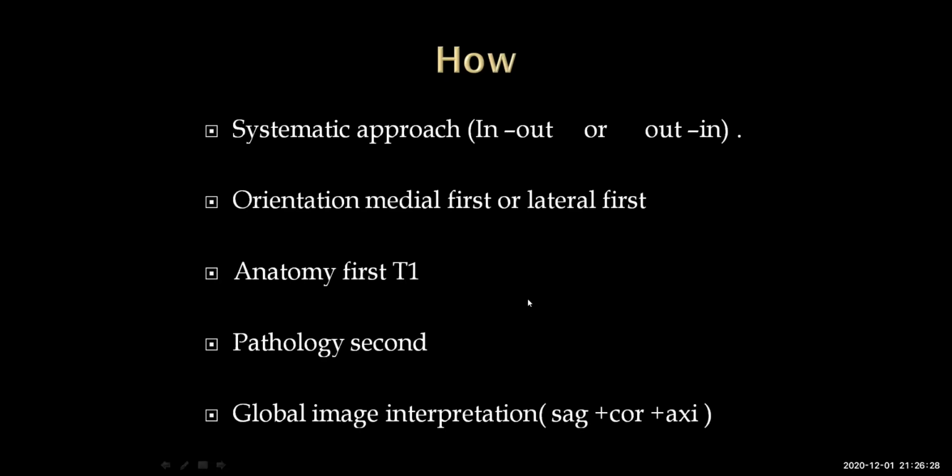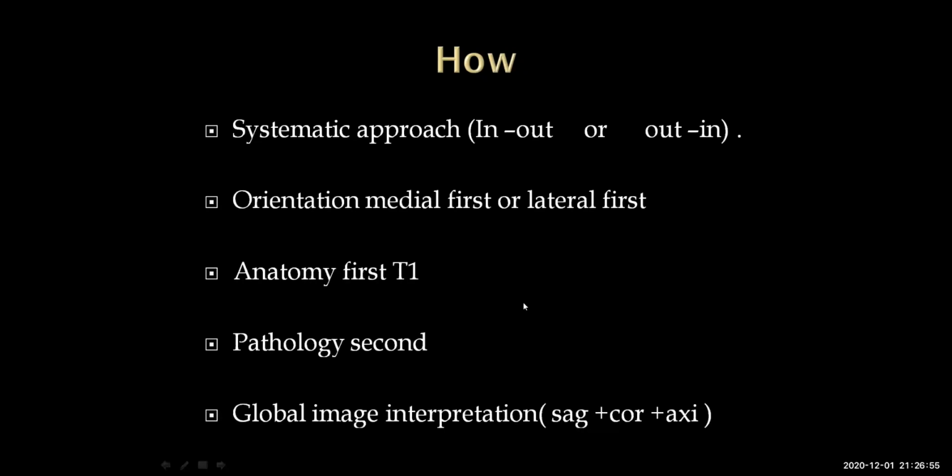So the second question is the orientation of the sequence of the cuts, whether it starts from the medial side or from the lateral side. If it starts from the medial side, there are certain shapes of the anatomy on the medial side that differ from the structures on the lateral side.